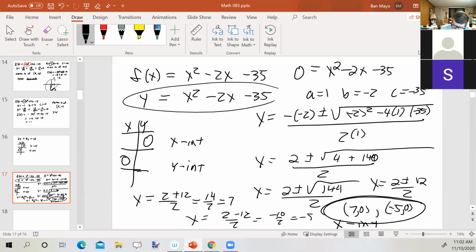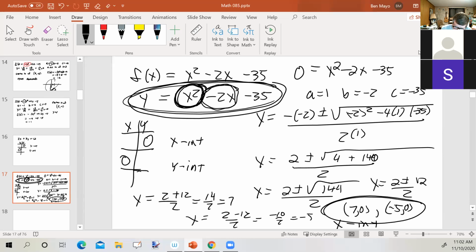Now, how do you find a y-intercept? You set x equal to 0. Look at this equation. If x is 0, what does this term become? The 0 squared, which is 0. What would this term become? It'd be 0 as well. So what's left?